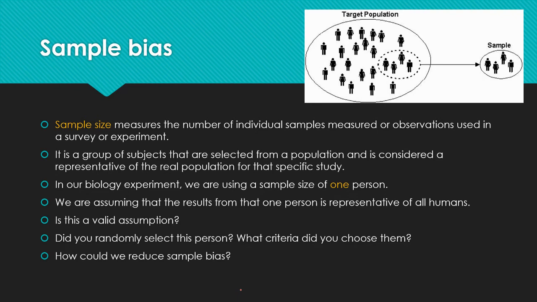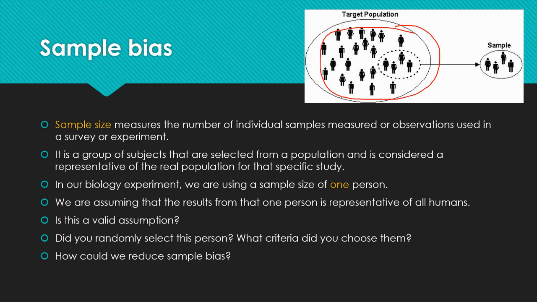Another thing we have to think about, and this particularly applies in biology investigations, is sample bias. A population is a certain animal or plant or other living thing that lives in a certain area. So we've got the whole population that we might be trying to find out something about, but it's just not practical to do a census. And a census is when we talk to everybody.